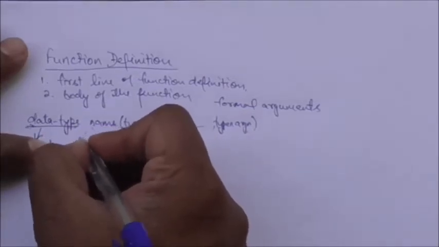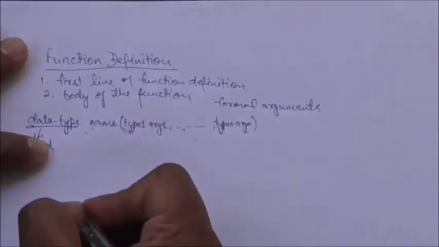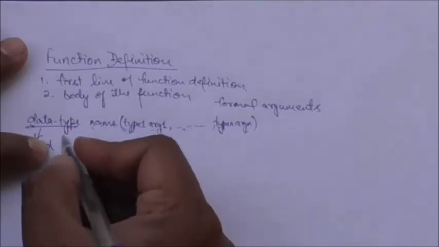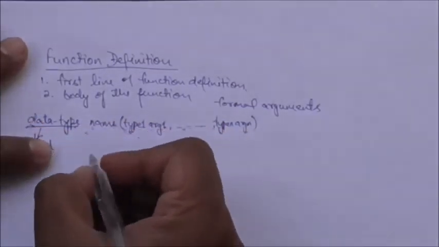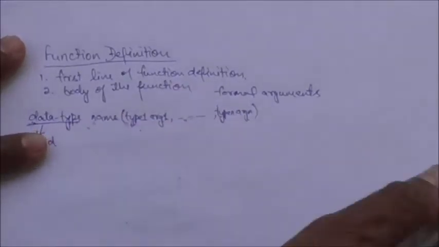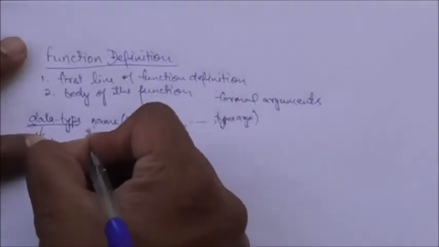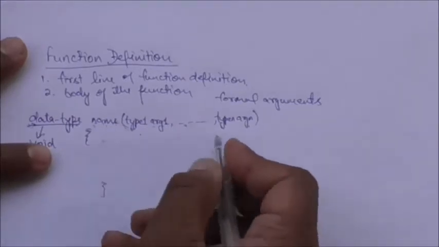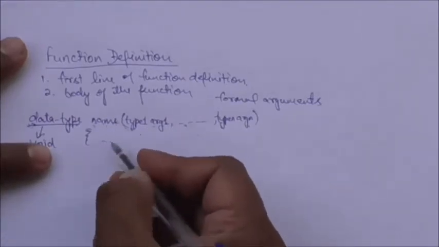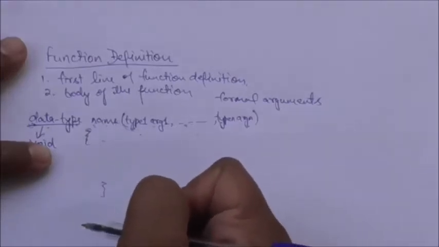Now the remaining portion of the function definition is called the body of the function. After the first line of the function definition, the rest of the portion is called the function body. There will be curly braces enclosing all the code which will be executed when this function is called.